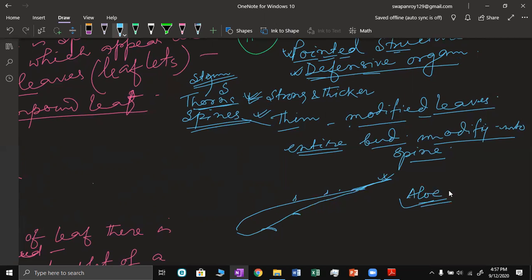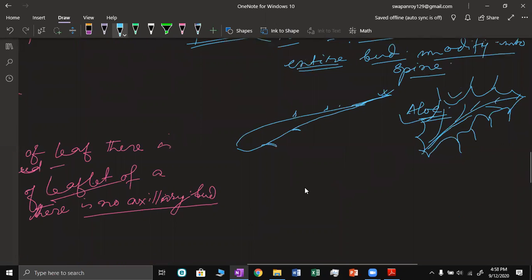Then there are many other wild leaves where the margin is very much pointed and turns into a spine.